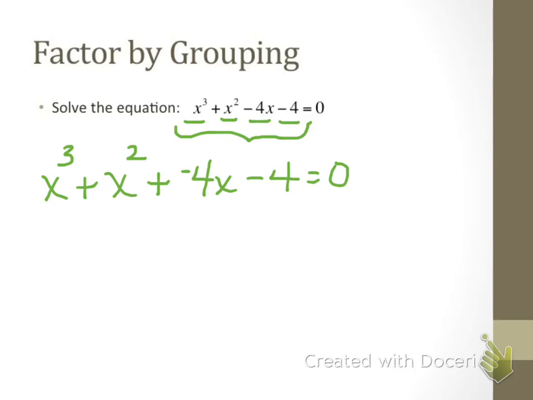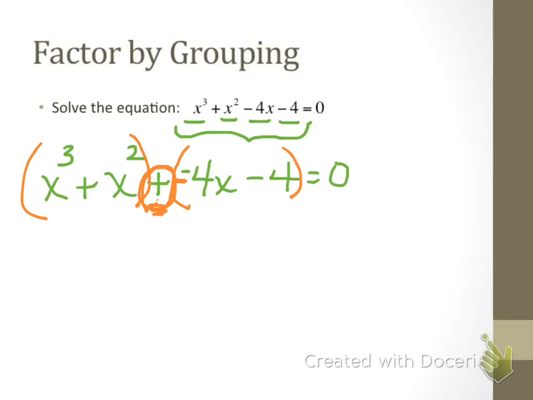And the reason I did that is because when I go to group 2 by 2, it helps if I can have an addition sign in between the two groups. Makes the process a little easier. So anytime you have minus in this spot, you're going to want to change it to adding an opposite before you put in your parentheses.